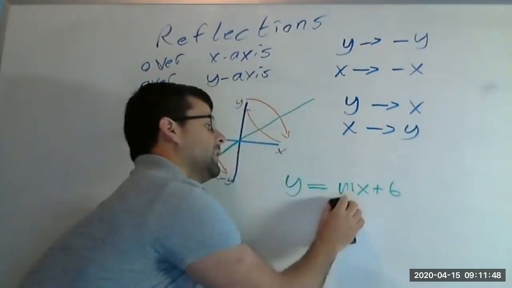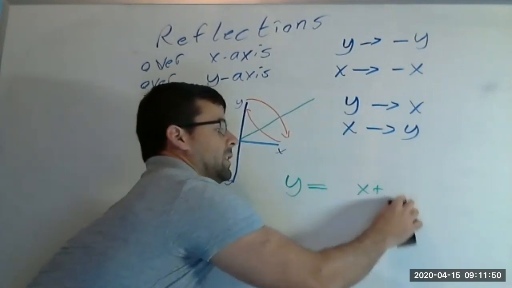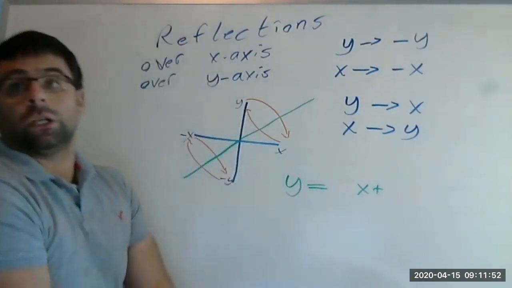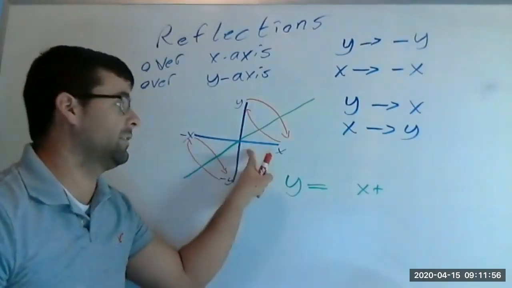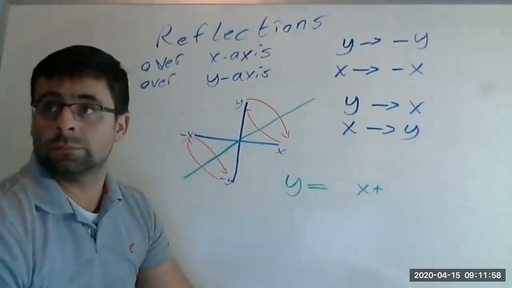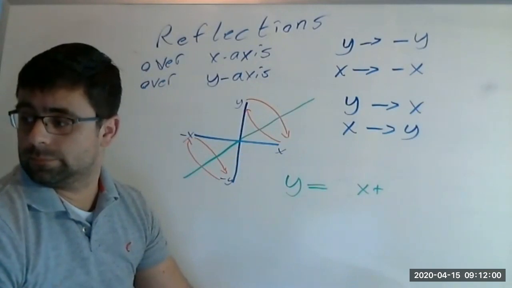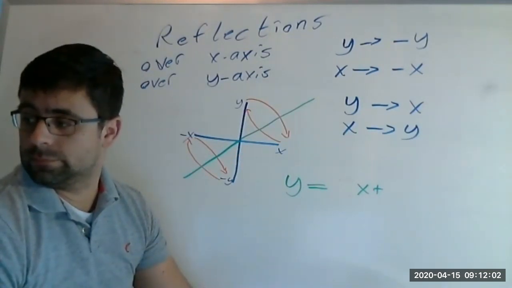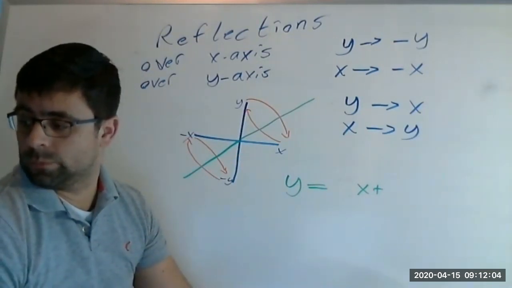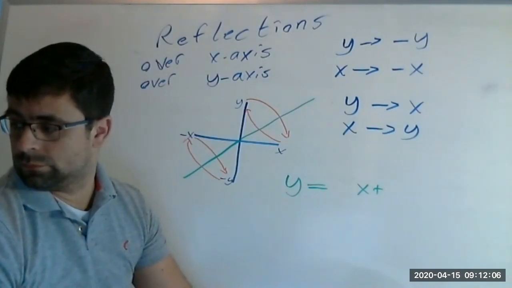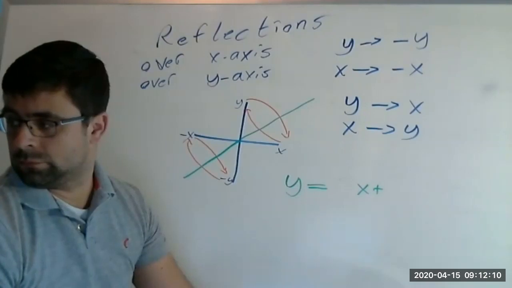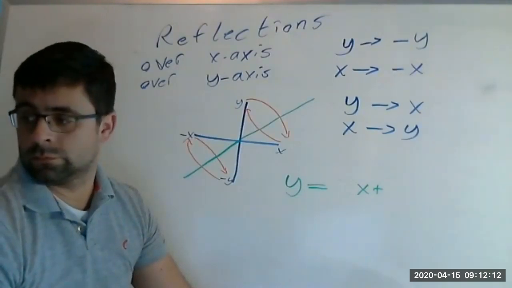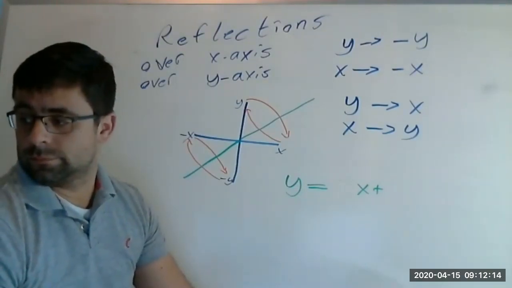So we're going to need to figure out the slope and the y-intercept. The easy one is the y-intercept. What is the y-intercept of this graph? Which one?